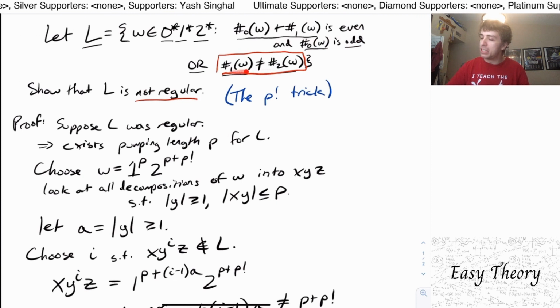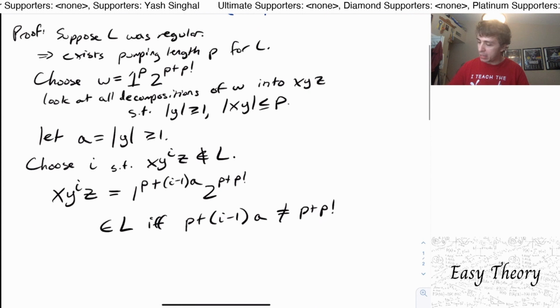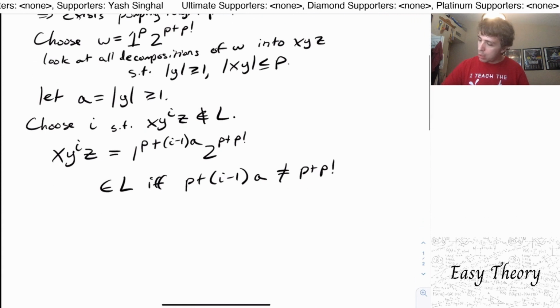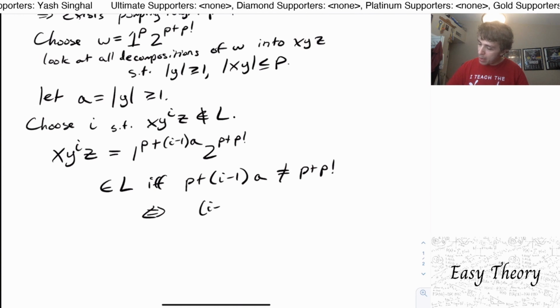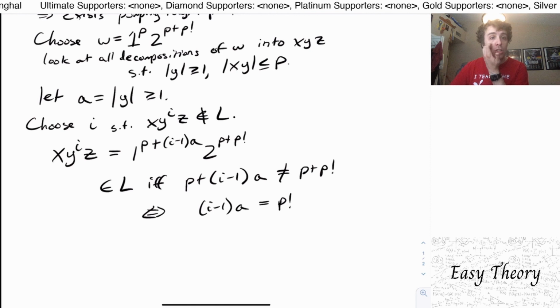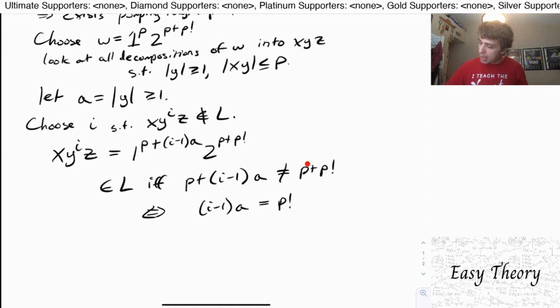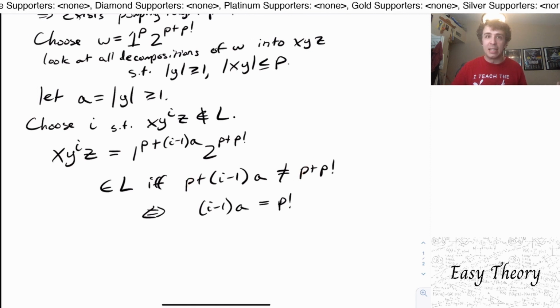So it would have to satisfy this condition, which is what this is saying right here. So what do we do with that? Well, this is equivalent to saying that I minus 1 times A is not equal to P factorial, because I can just subtract P from both sides.